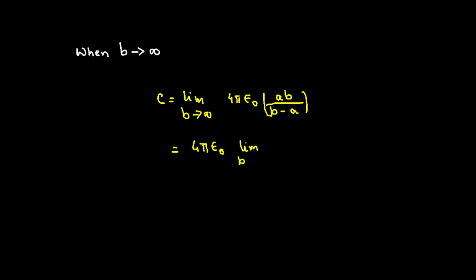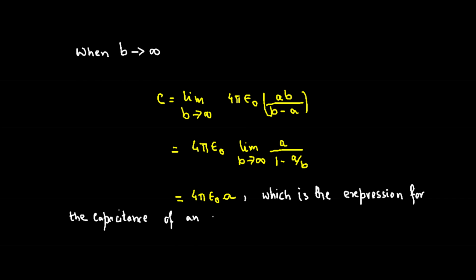We divide both the numerator and the denominator by B, and that gives us the expression A divided by 1 minus A over B. Now we use the limiting value, and that finally gives us 4 pi epsilon naught A. So this is the expression for the capacitance of an isolated sphere.